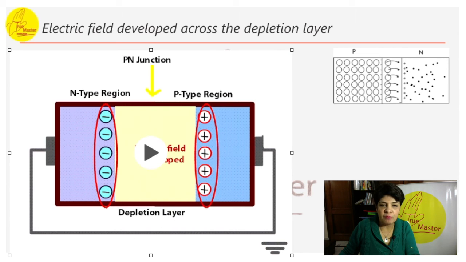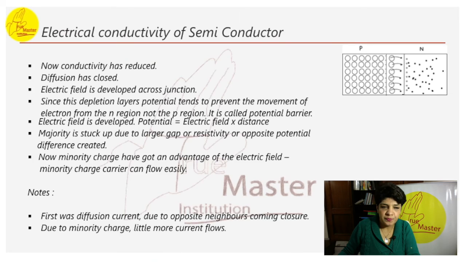Let me recap everything one more time. The conductivity has reduced and diffusion has closed. In stage 2, an electric field is developed across the junction. Since this depletion layer potential prevents the movement of electrons from the N region to the P region, this is called the potential barrier.